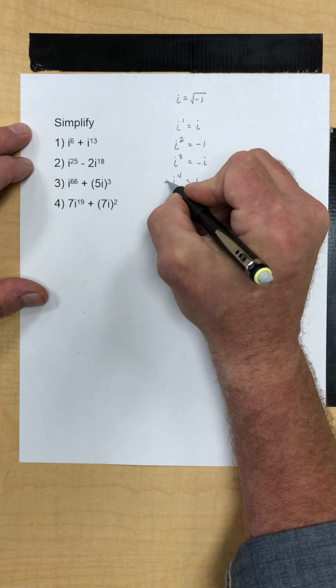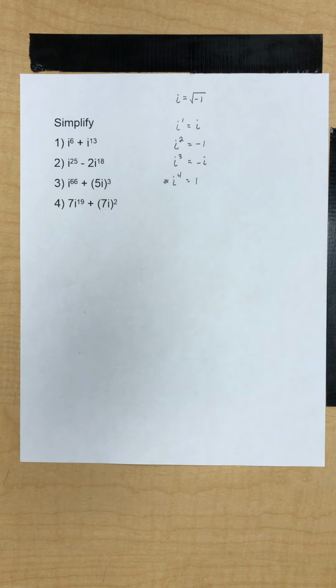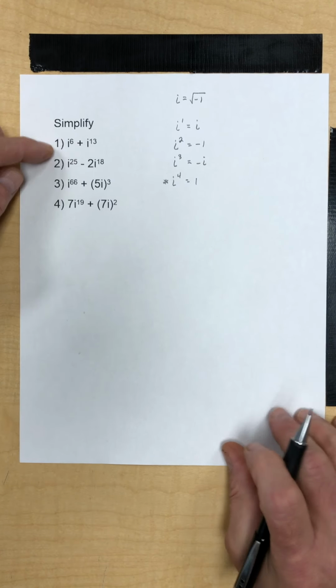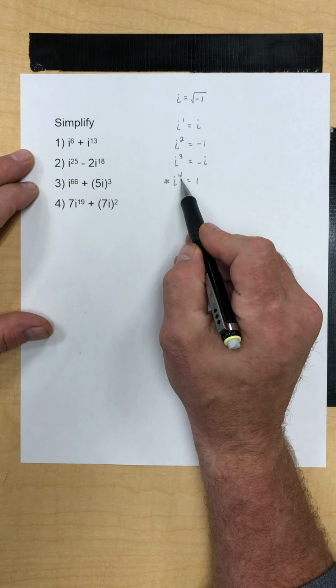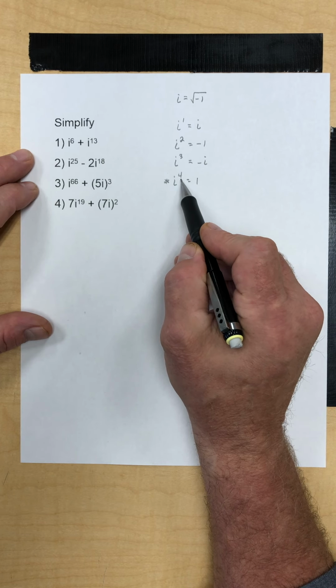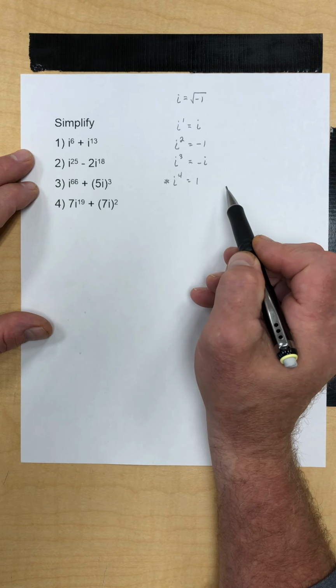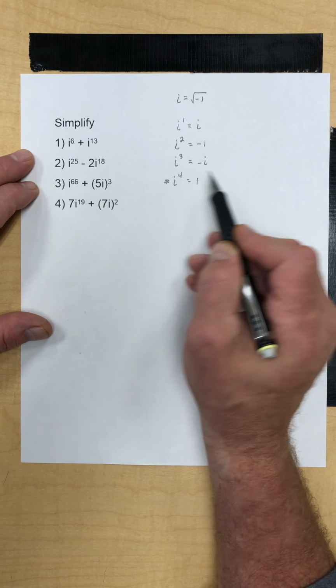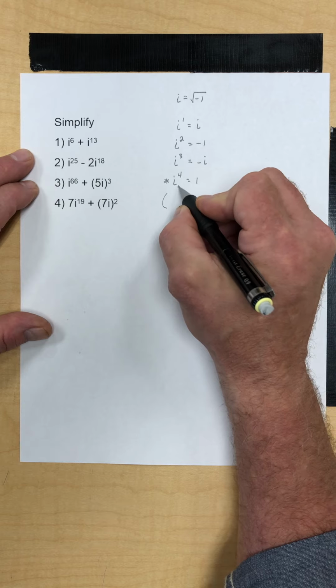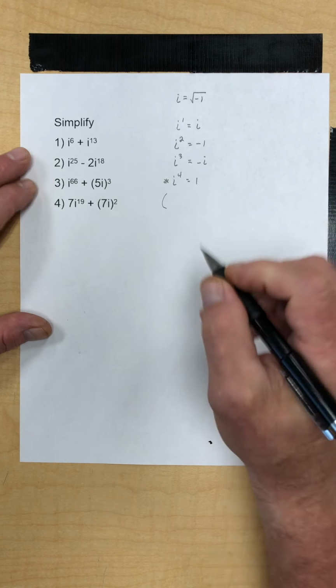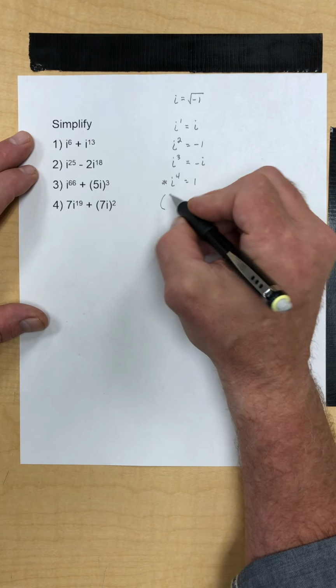It's this right here that really helps us figure these out and simplify. If the exponent is any multiple of 4, i to that power gives us 1. For instance, i to the fourth equals 1, and 4 is the first multiple of 4.